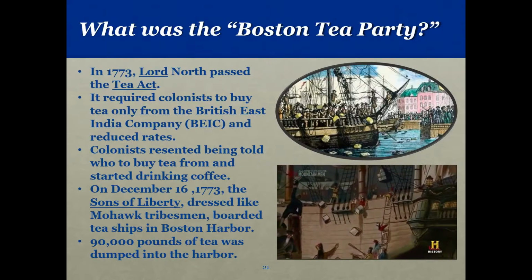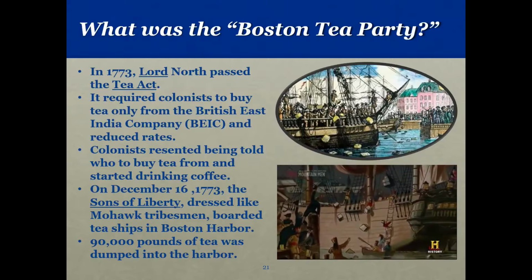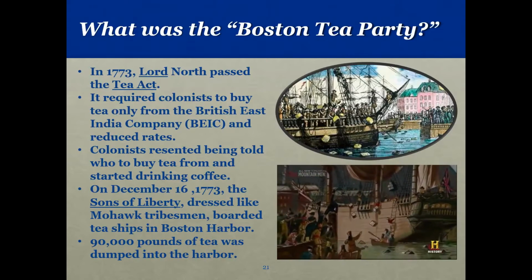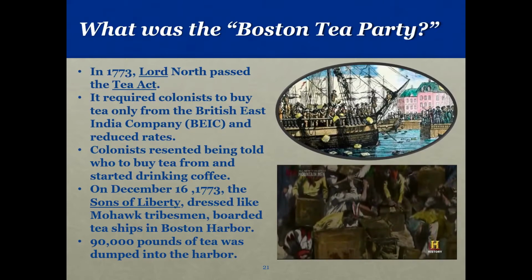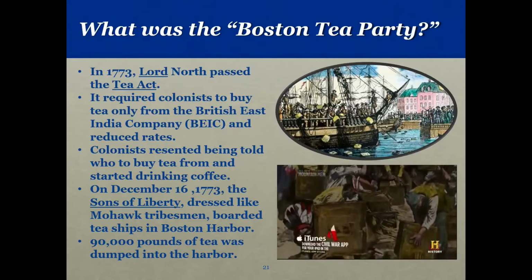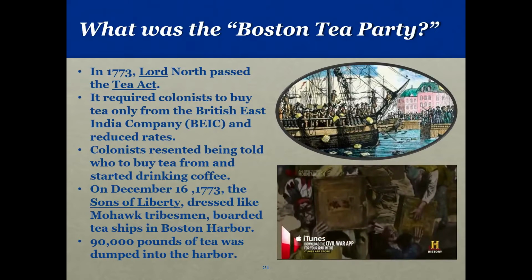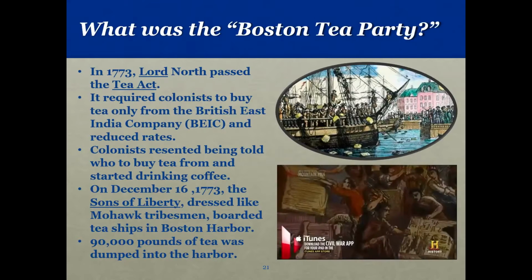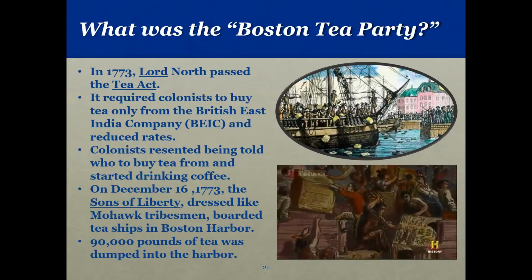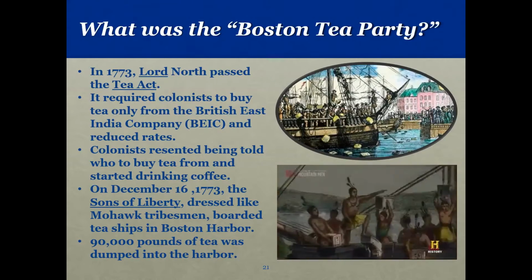With British soldiers absent since the Boston Massacre, there is no one to stop them. 342 crates of tea worth 10,000 British pounds are cast overboard. This wanton act of sabotage, which becomes known as the Boston Tea Party, will soon push the two sides to the brink of war.